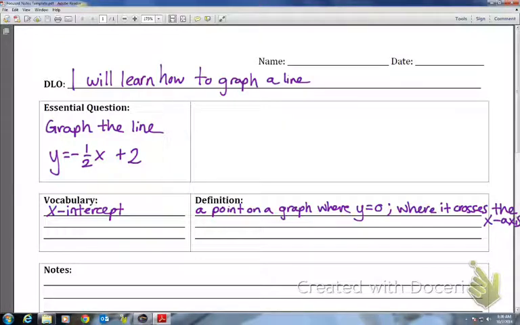Our second vocab word today is the y-intercept. And the y-intercept is a point on the graph where x is 0.